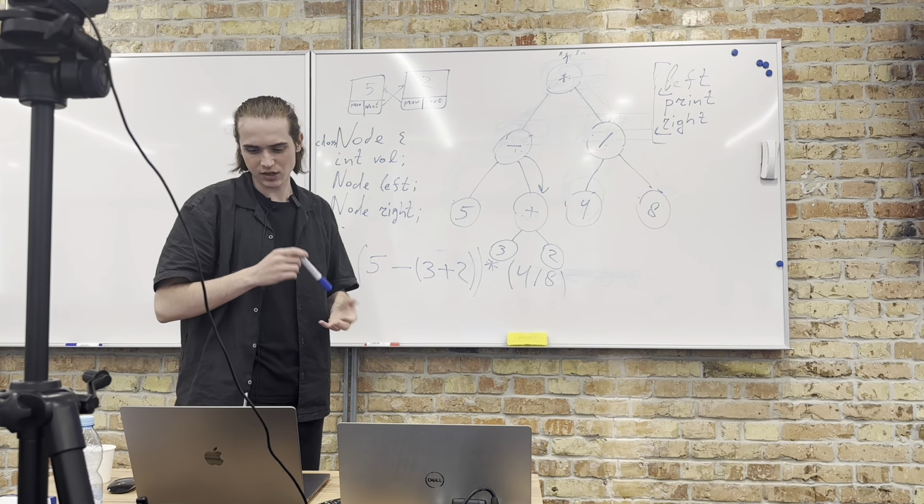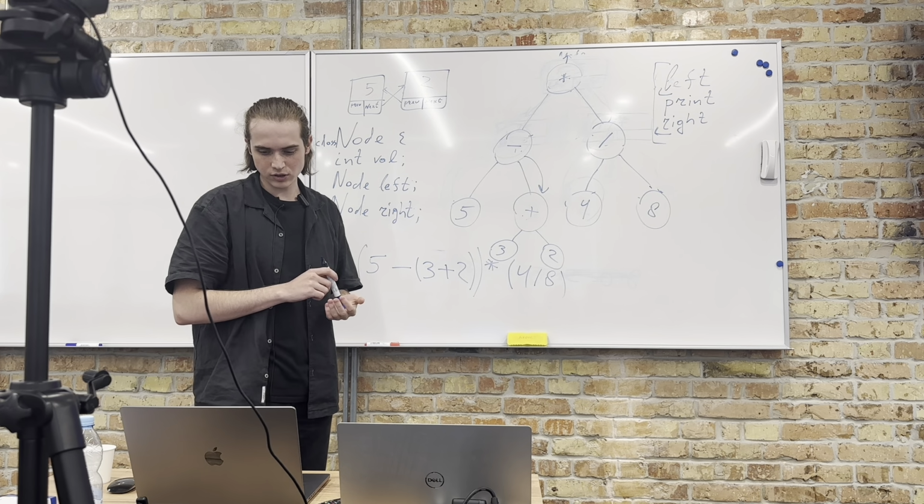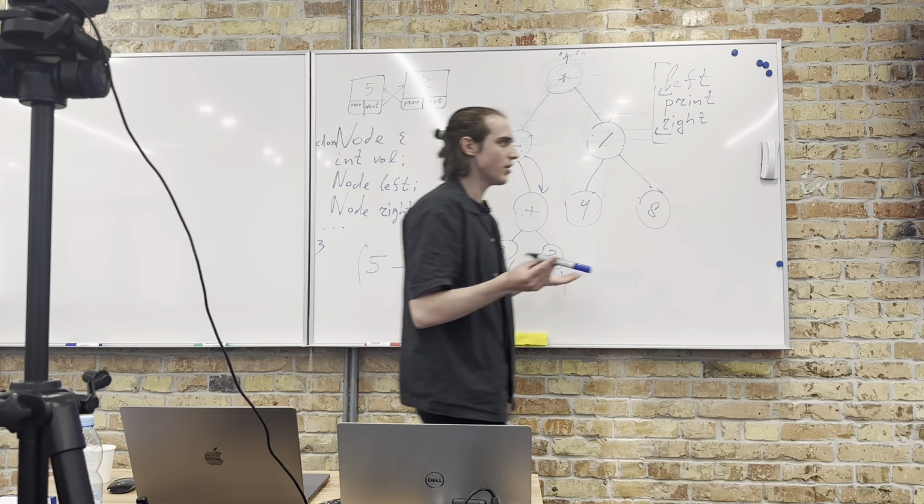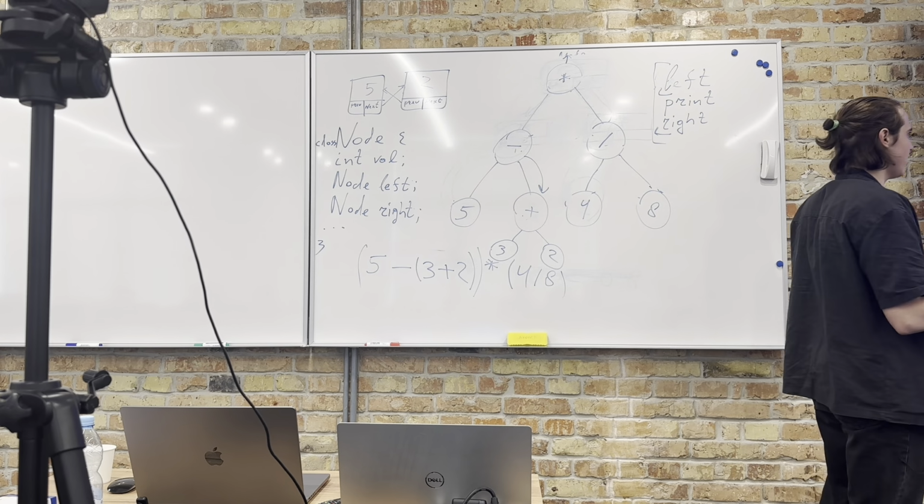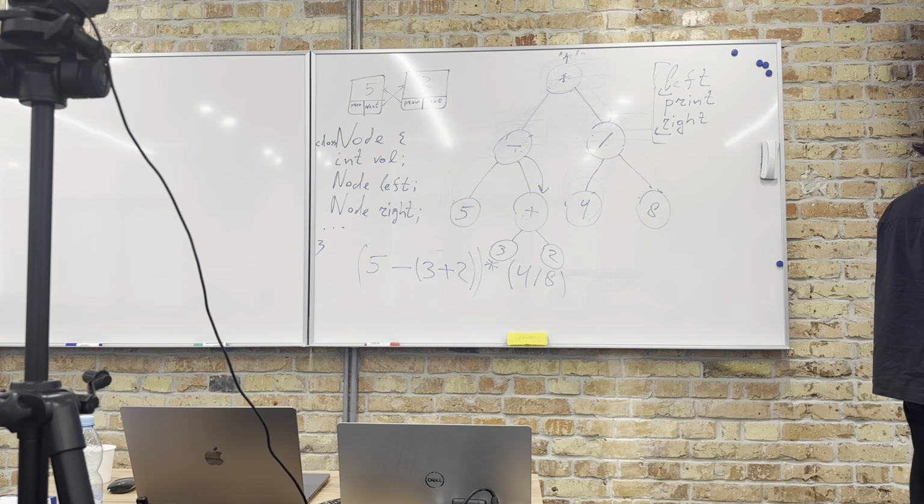Here you can see the code of in-order traversal. It's very simple. We just do it recursively. We check if our node exists, and then we recursively call this method for the left reference.